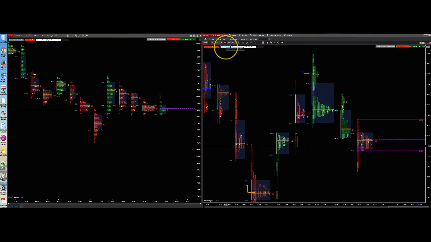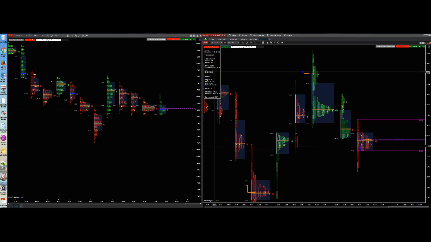You have also, if you click on the stat window, you're going to have a window appearing here on the left of the chart, giving you some stats about each profile, like the total TPO for the profile, how many TPOs above and below the POC, the number, the percentage of time at the POC.